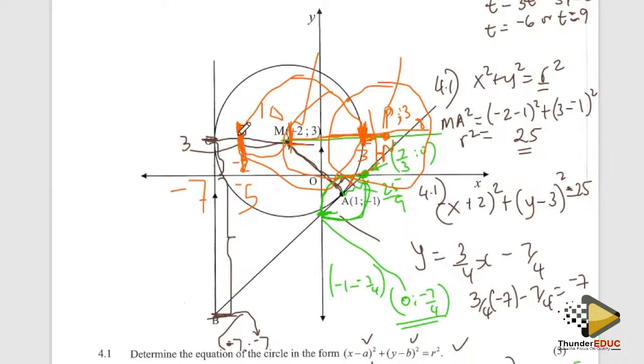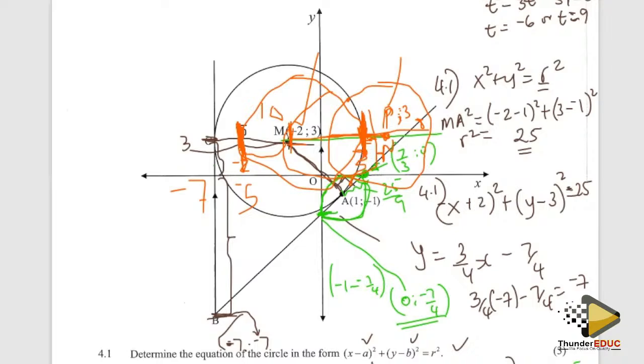This is going to be 2. Now say this is 3. If it's less than 3, it's going to meet at my point, so it cannot be 3. It has to be slightly different.